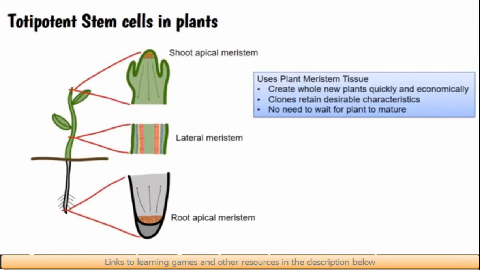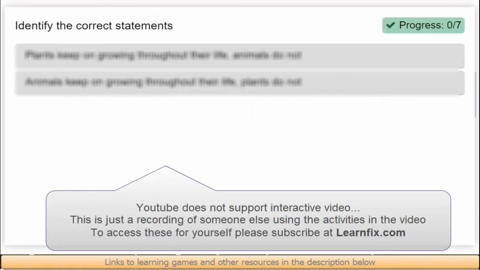They may not have the desirable characteristics that we seek. But if we've got one plant with the same characteristics that we're looking for, all we need to do is clone one of the cells from that plant to create other plants with identical characteristics.